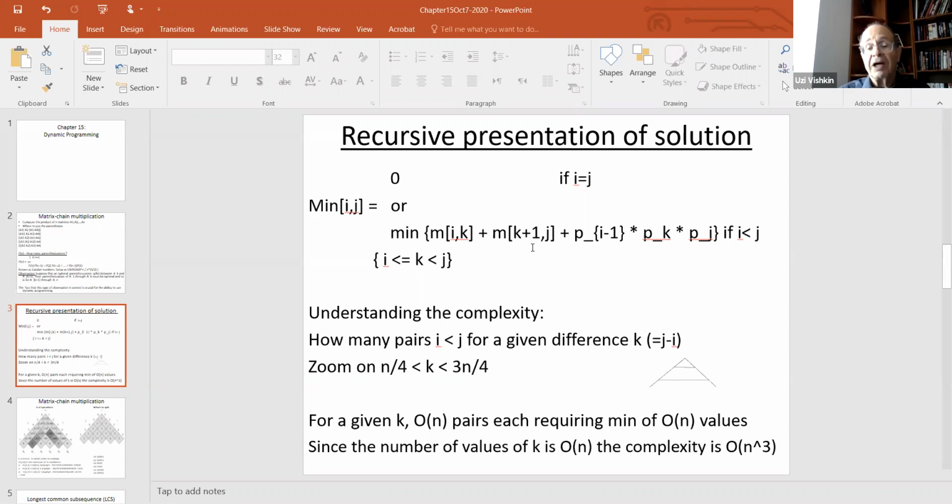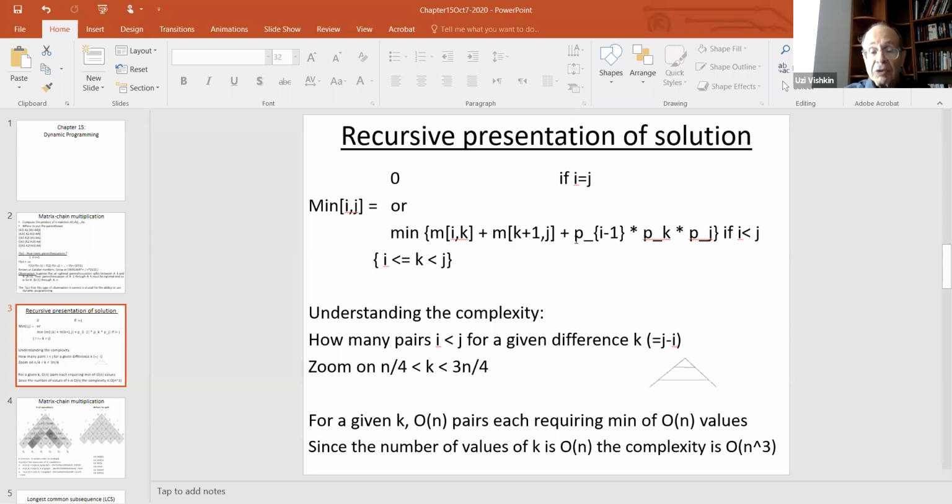And then what will I need? I will need to still multiply the matrix that came out of this prior multiplication, which is the matrix whose dimensions will be the first dimension of matrix AI, the second dimension of the matrix AK, and the second dimension of the matrix AJ.